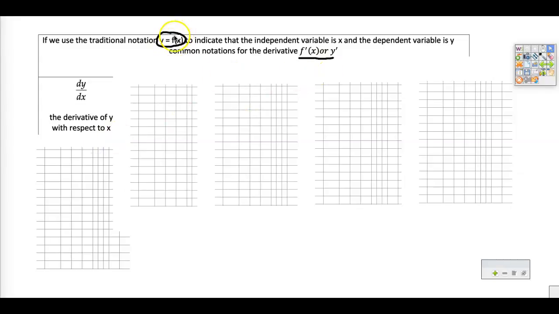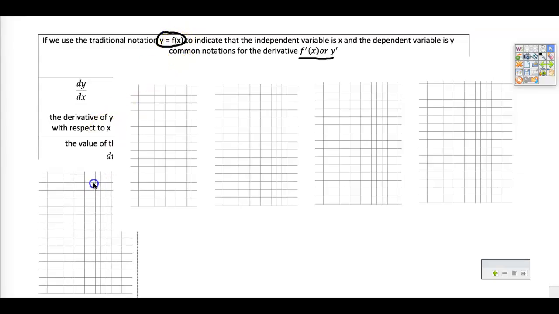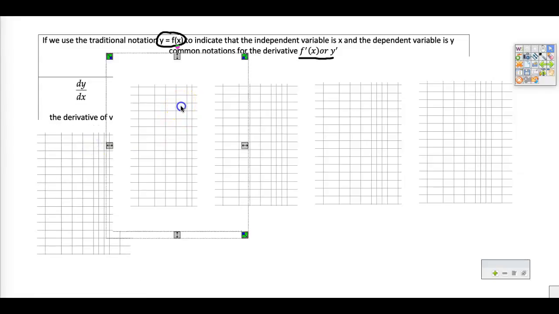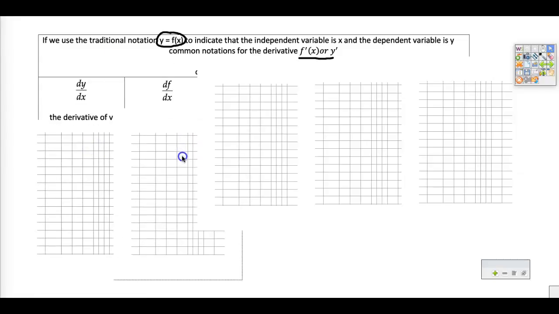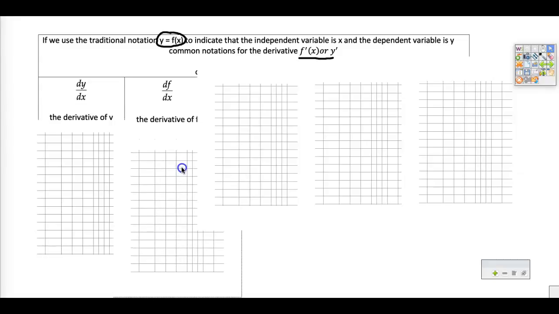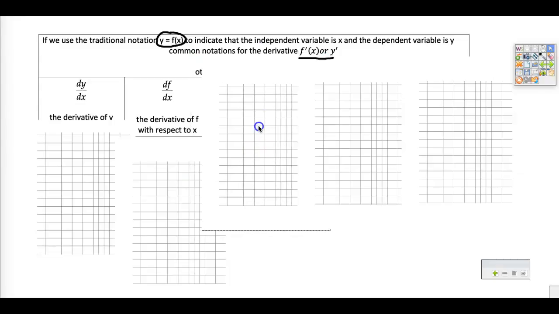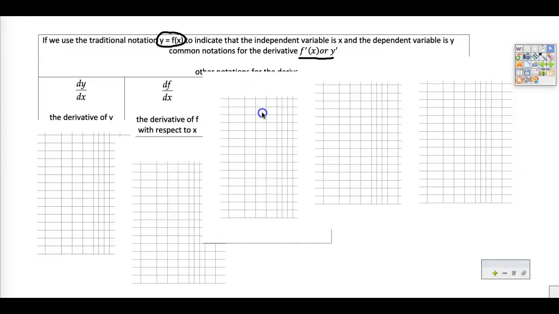The derivative of y, so your function in some variable of x. Another notation that you'll see here that we mention is df dx, and again that is read the derivative of f with respect to x.